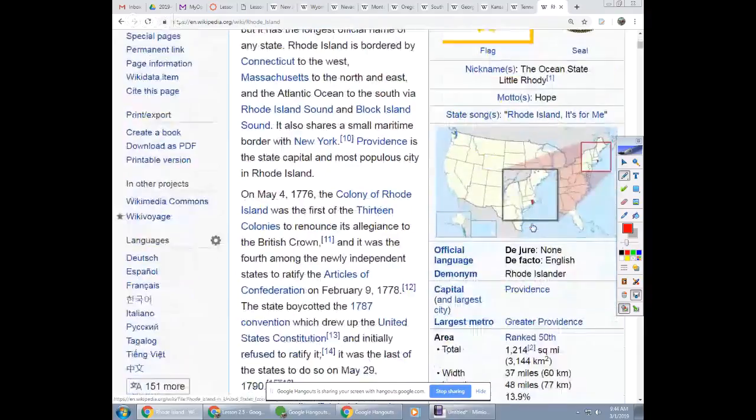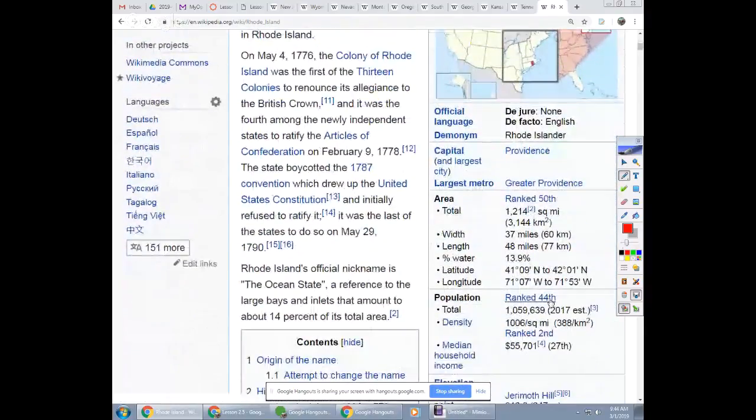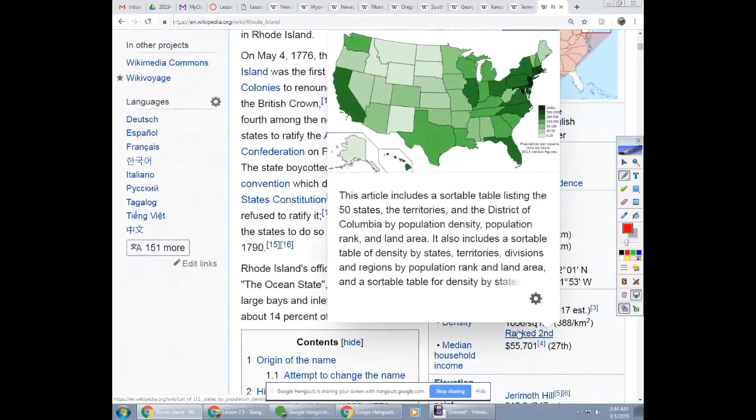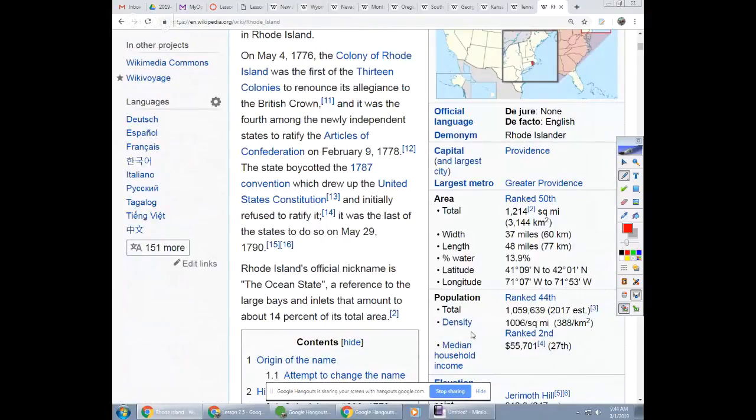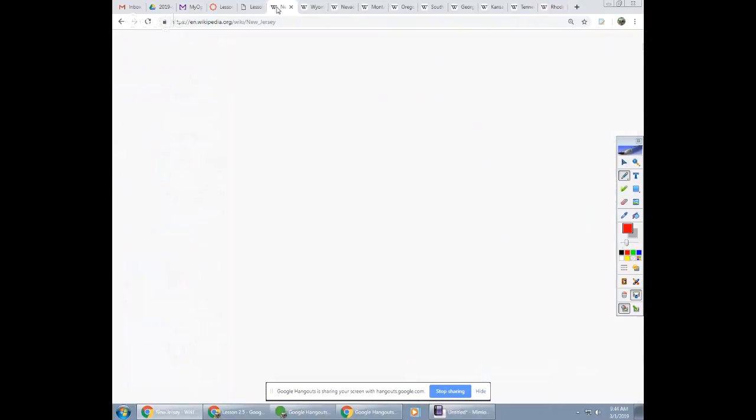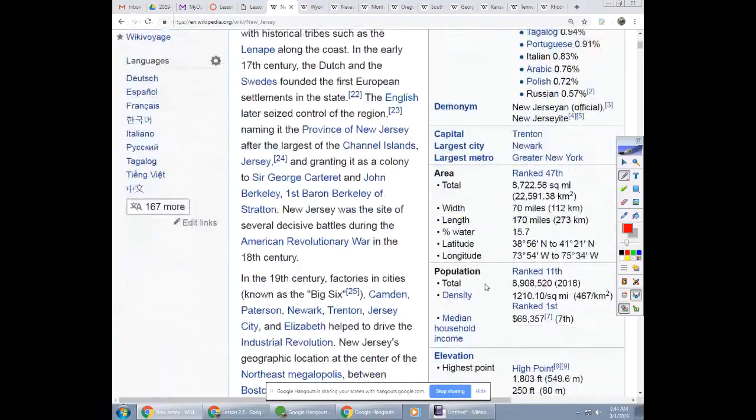So there's about 1,000 square miles and about 1 million people. It is the second most dense at 1,006 people per square mile. New Jersey is more dense. So New Jersey is the densest.